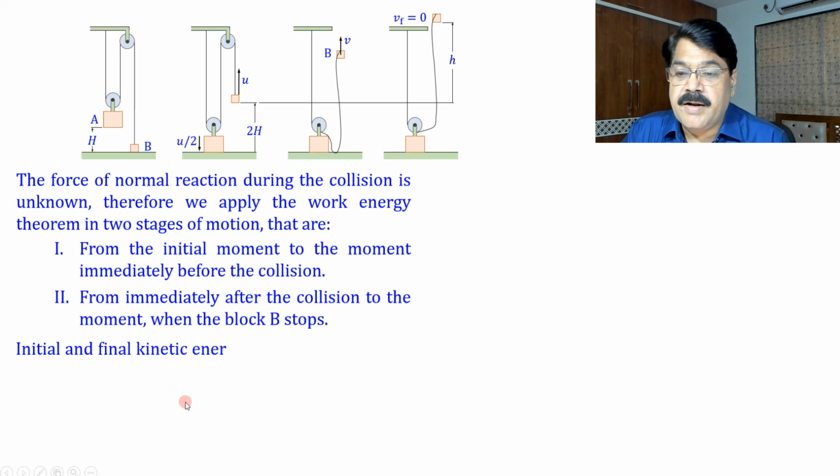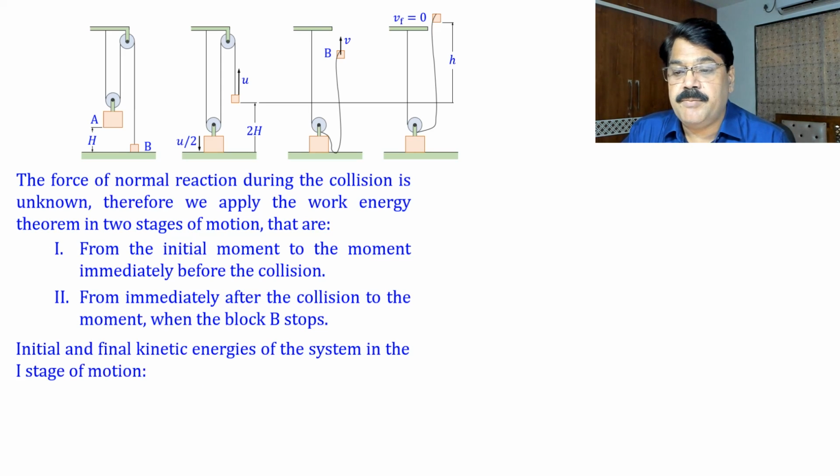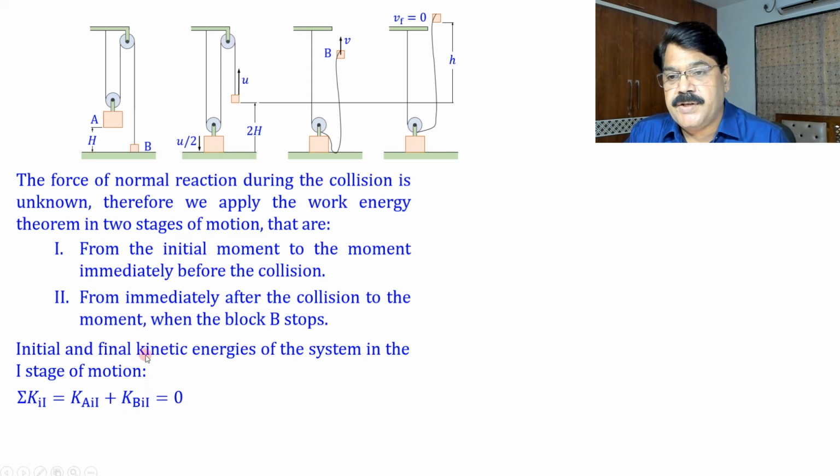Initial and final kinetic energies of the system in the first stage of motion. So we can write here K initial of the system is equal to K A initial first stage plus K B initial first stage, that is 0 because both the blocks were at rest, and summation K final of first stage, K A final of first stage plus K B final of first stage.